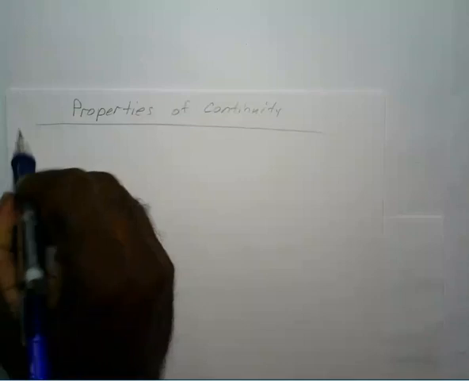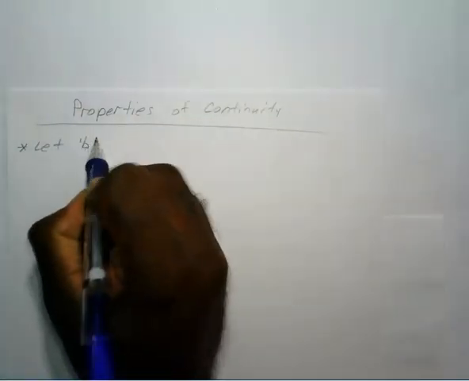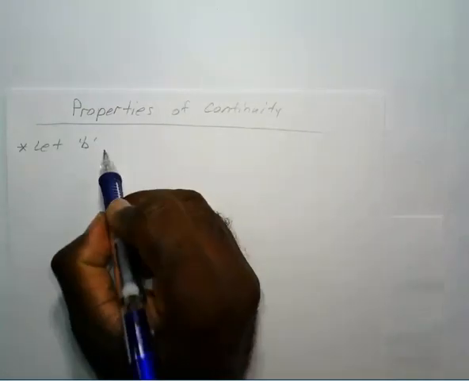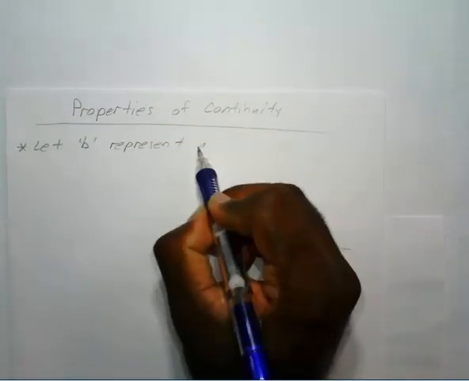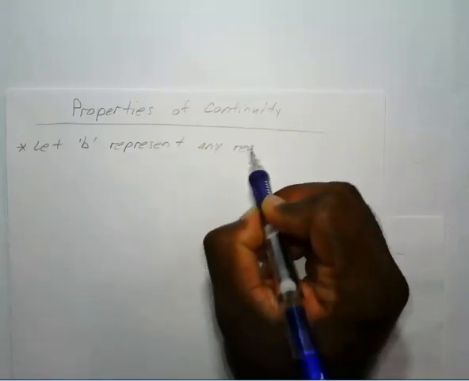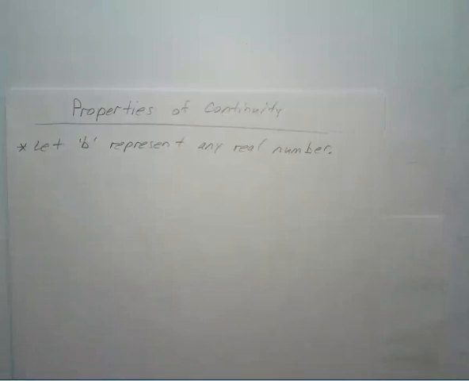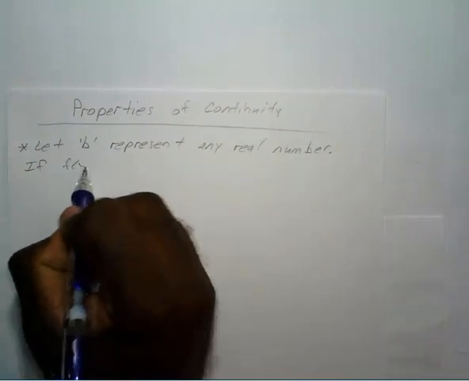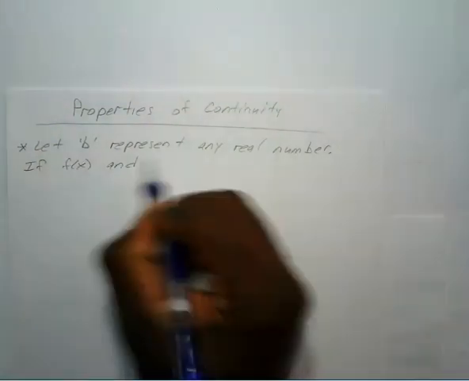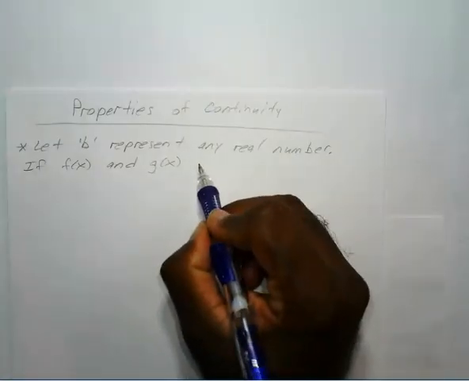Alright, so to get started, what if we let B represent any real number? Okay. What if we also know that f of x and g of x are two continuous functions?